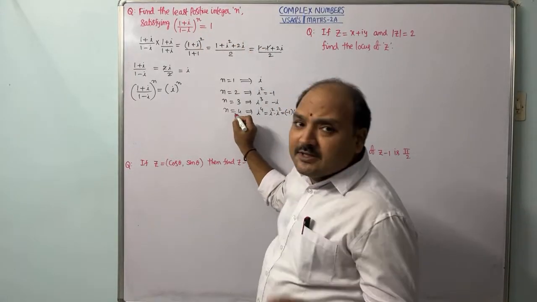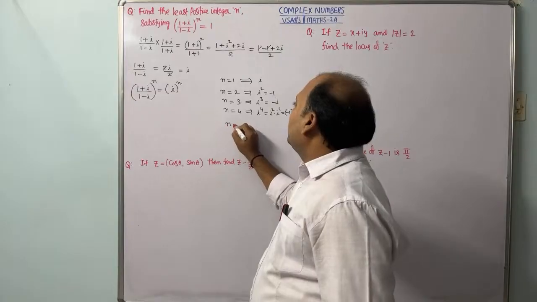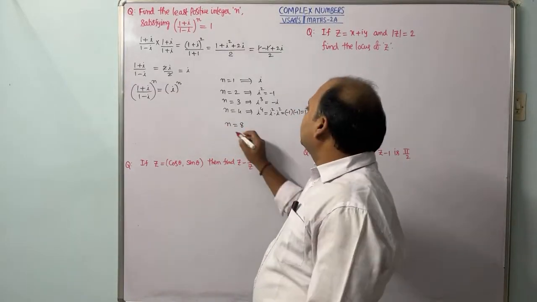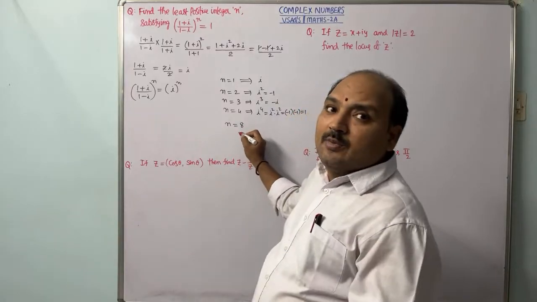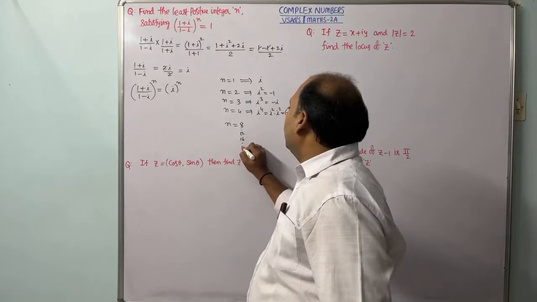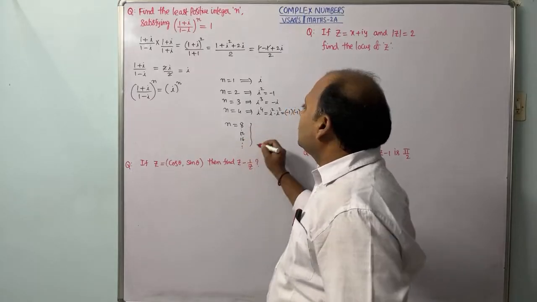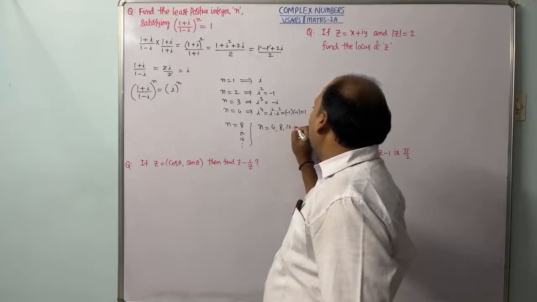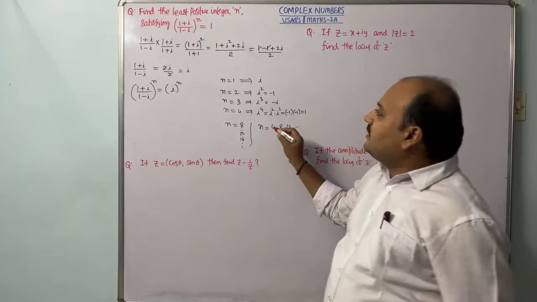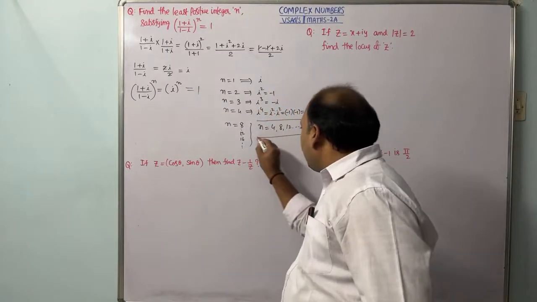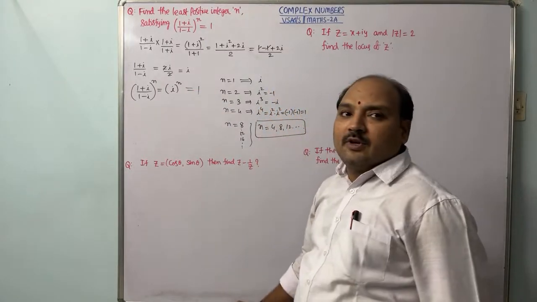Not only for n is equal to 4, but also 8, n is equal to 4 multiples, dear students. 8, 12, 16, and so on. So for n is equal to 4, 8, 12 and so on, this result is going to be 1 for these values of n.